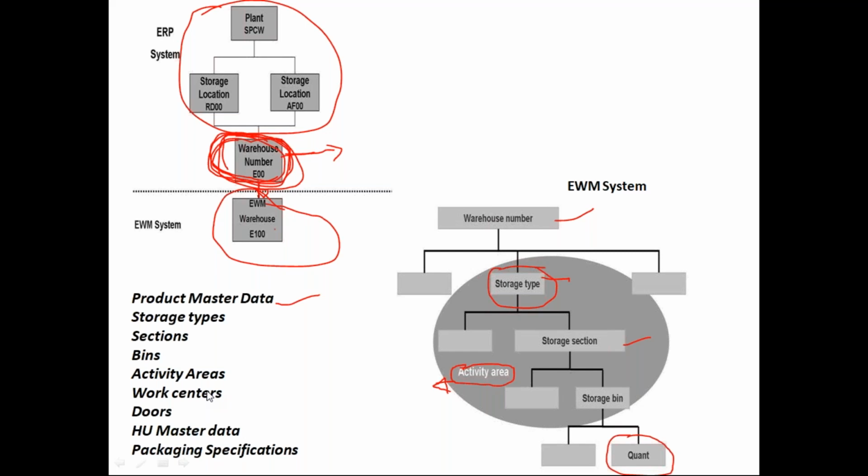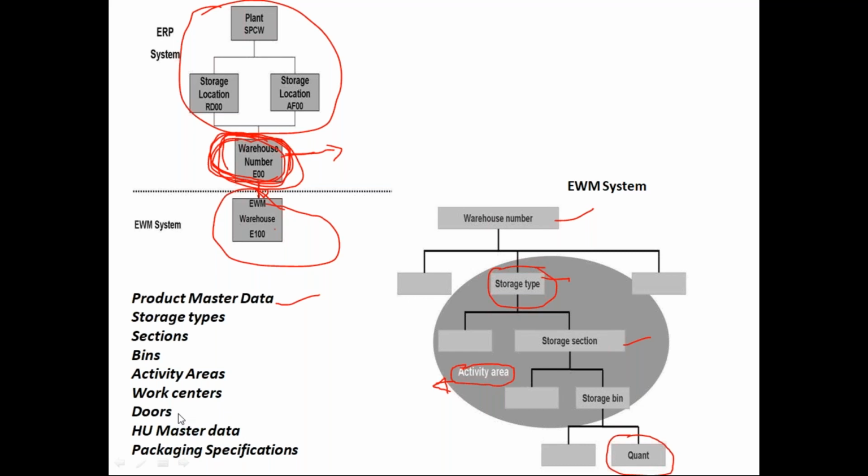Quality inspection. So these kinds of special activities, whatever you do, will be performed in a location called work center in a warehouse. In a sense, we identify a location which is called work center in EWM. Wherever you perform special activities, we call them work centers.